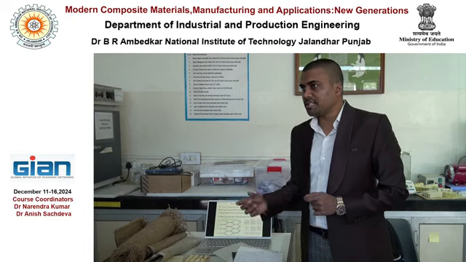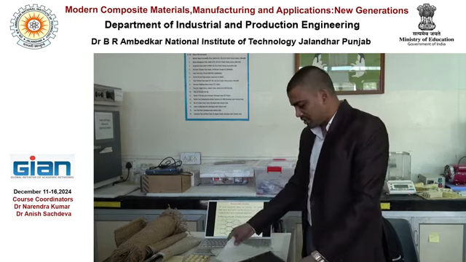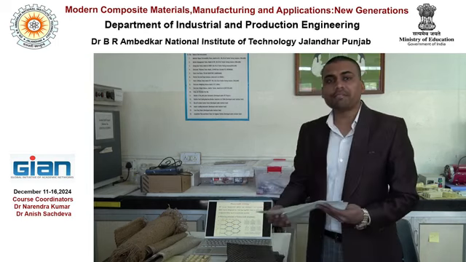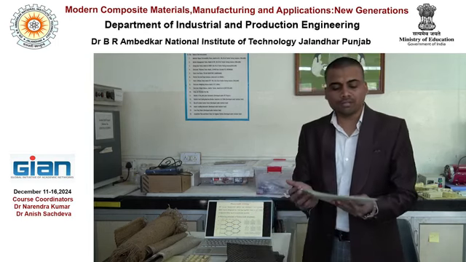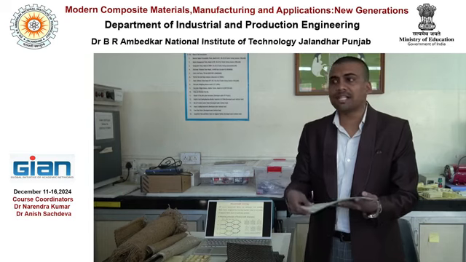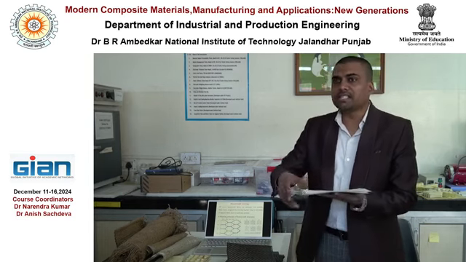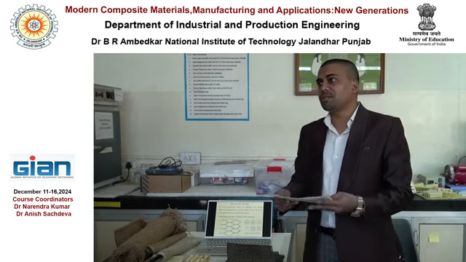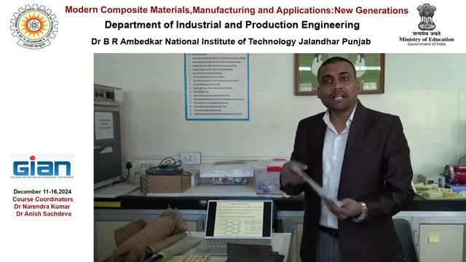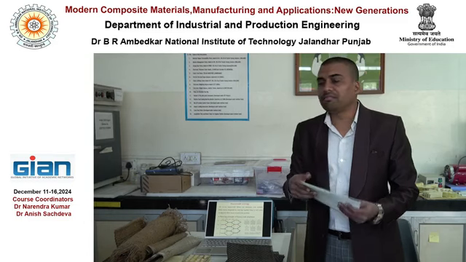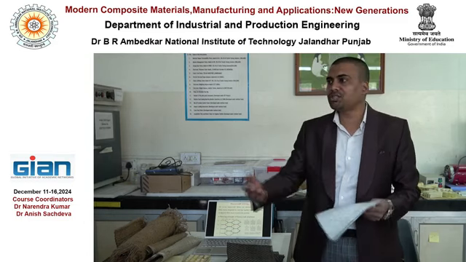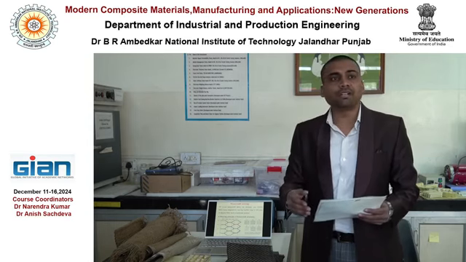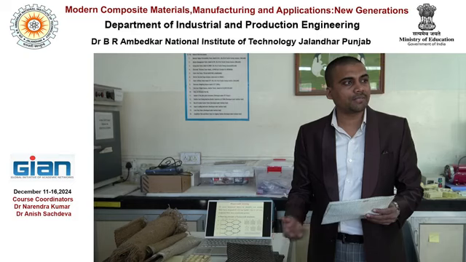For example, we discussed yesterday that we have this laminated composite, which is very famous, where multiple layers of woven fabrics are stacked together, and we impregnate these layers with the matrix material. But what happens with this type of laminated composite? It delaminates under various loads during the application of this composite material, and it will lead to the failure of the entire composite material.